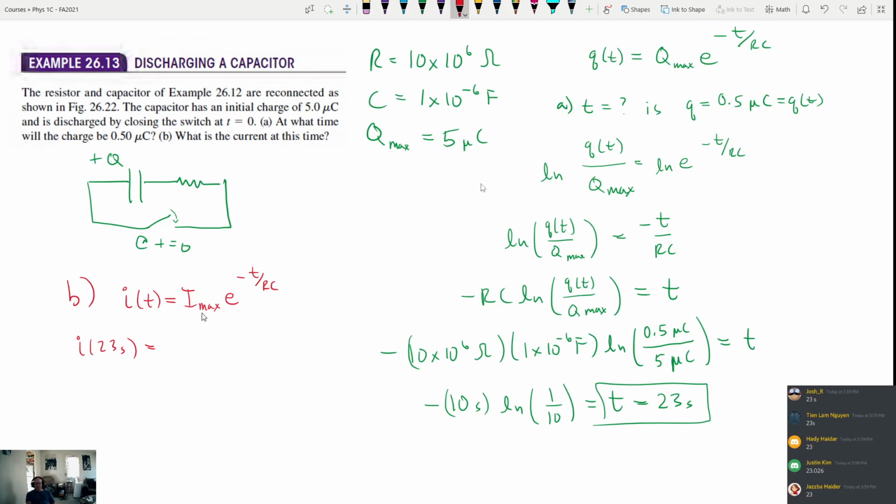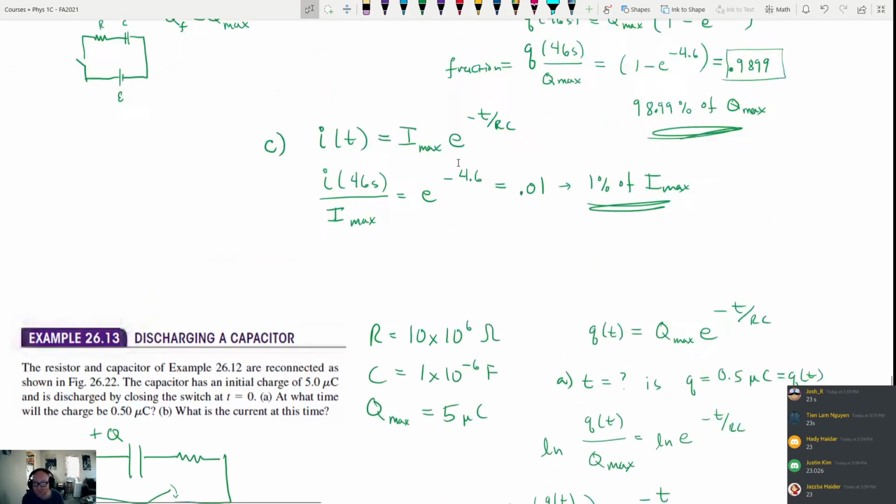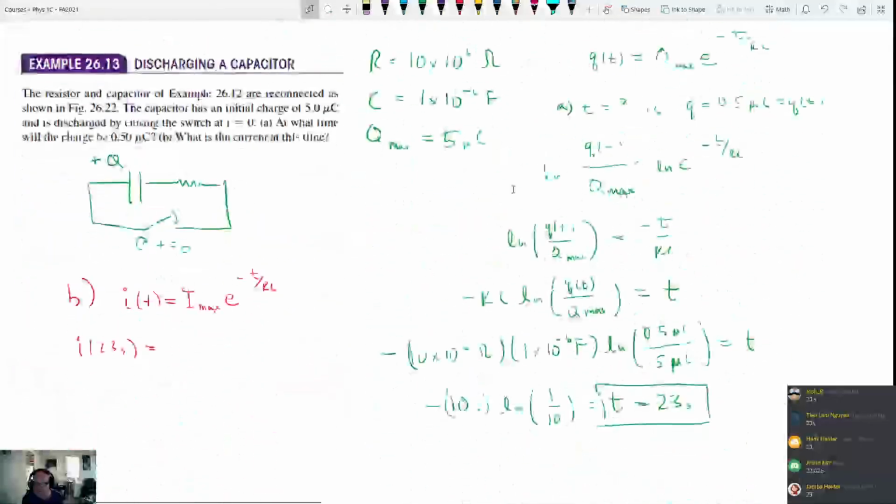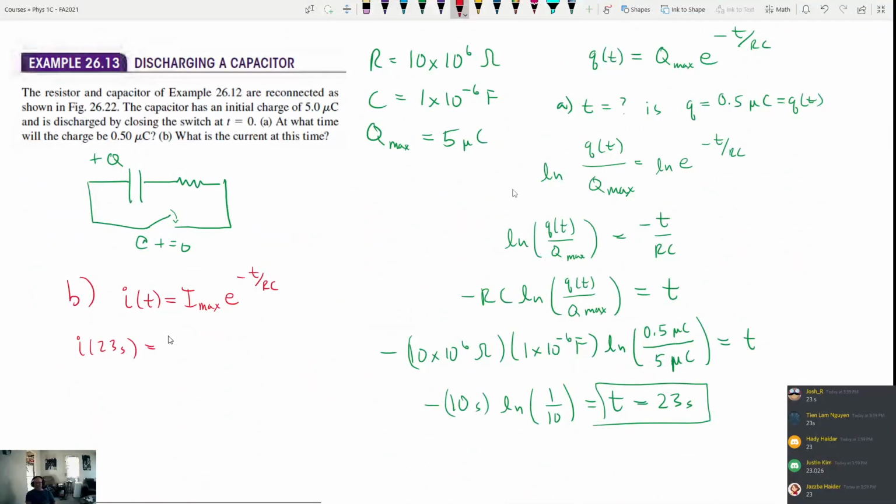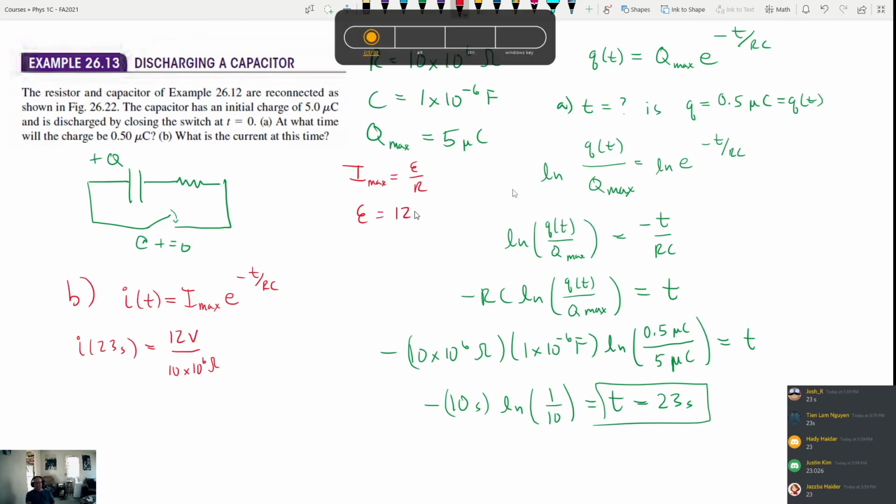E was 12 volts. So I max is going to be 12 volts divided by the resistance, which is 10 times 10 to the 6th ohms. To be clear what I'm doing here, I'm saying I max is equal to E over R, and E is equal to, not 10 volts, but 12 volts.